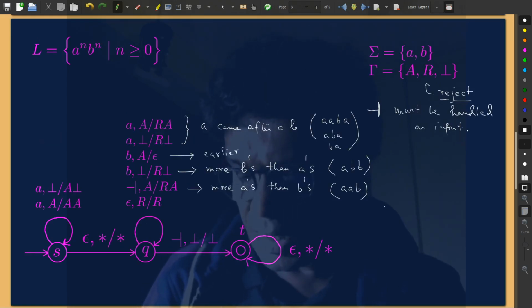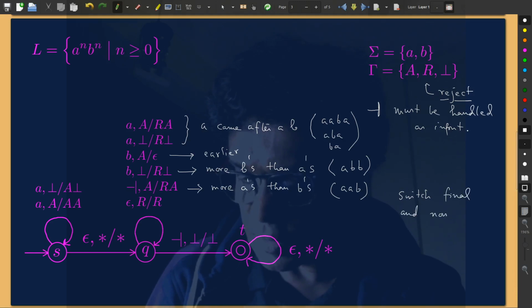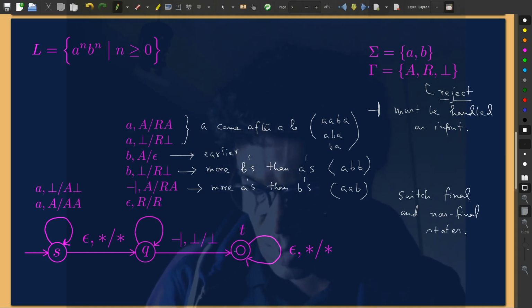So, like DFA, it is tempting to switch final and non-final states. Okay. So I will make this a non-final state and make this and this final state.